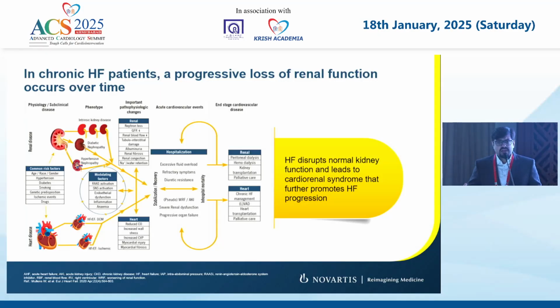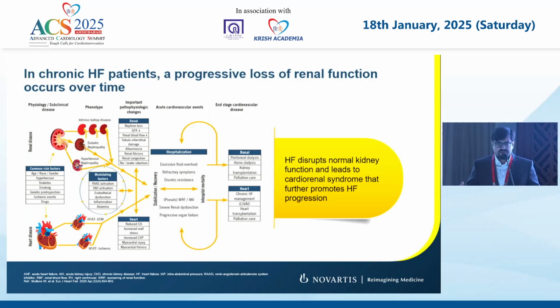The important pathophysiologic changes that happen over a period of time is there is gradual nephron loss in these cases, reduced gradually worsening GFR levels, so that some medicines that we could have given earlier couldn't be given over a period of time. Then we have progressive renal fibrosis and albuminuria.